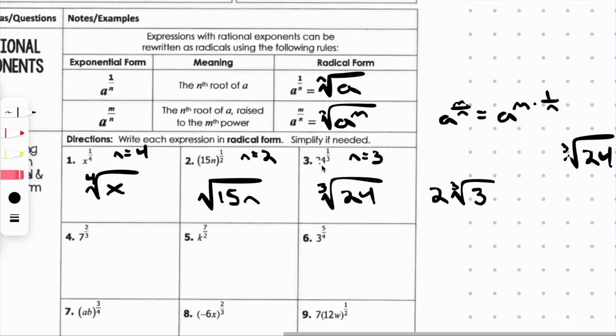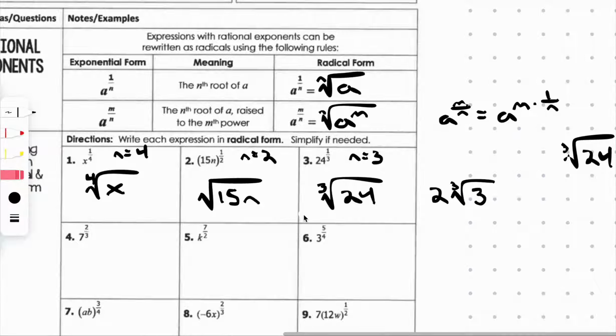Sometimes when you're solving something, it might be easier to have it in exponential form where you have a fractional exponent. But typically in your answers, I think it's more common to write it in this radical form.